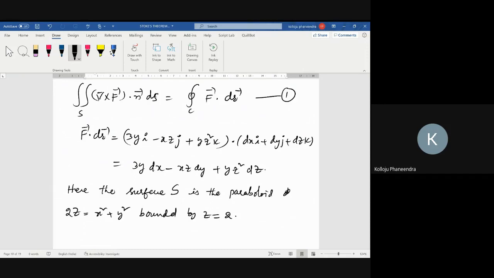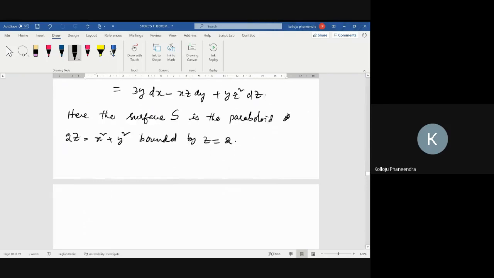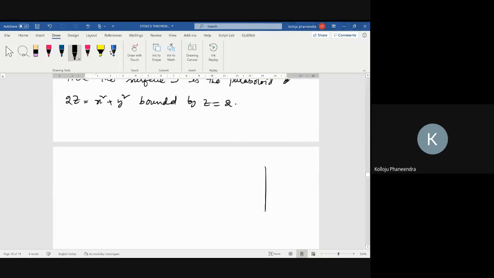If I draw a rough figure for this, just a completely rough figure, not exact. When z equal to 0, x square plus y square is 0, a point. When z equal to 1, x square plus y square equal to 2, it is a circle, a small circle like this.